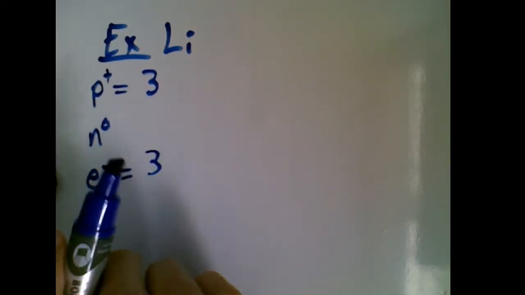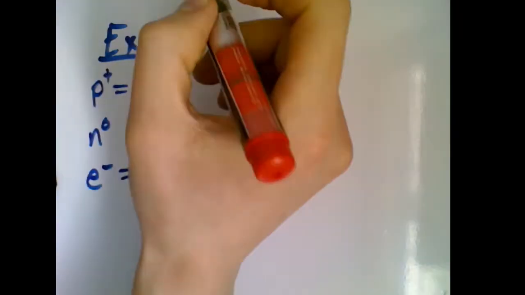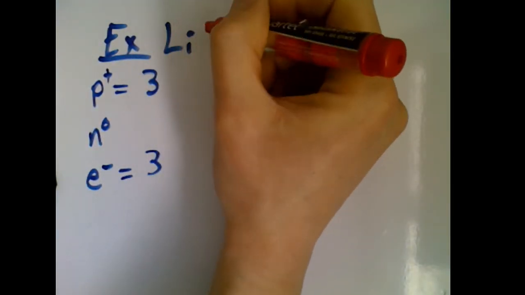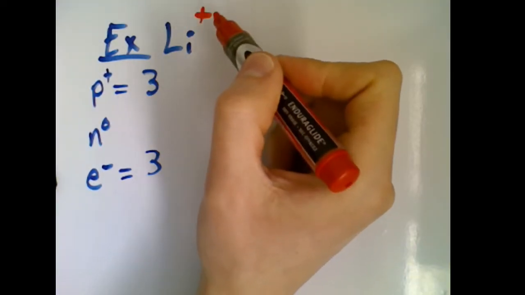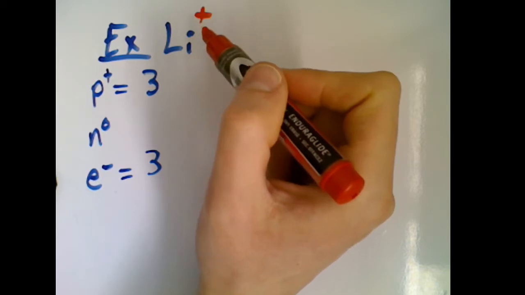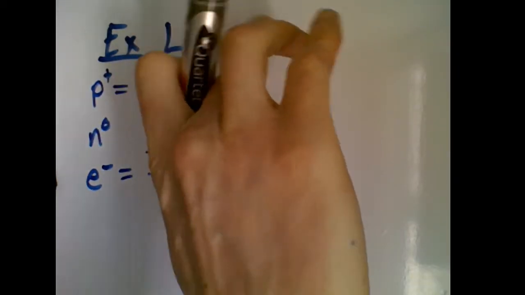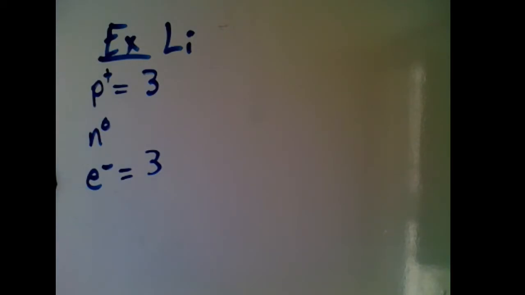Now, I kind of mentioned this, that some elements can lose and gain electrons. Just to give you an idea what that would look like is you would see a little symbol in superscript, so in the top right-hand corner. And it would either be a positive or a negative. If you don't see that number, protons and electrons are the same.